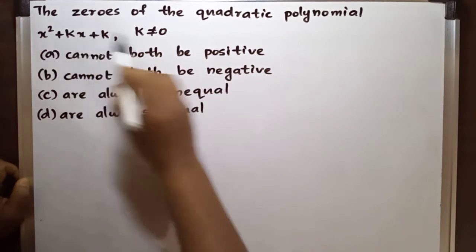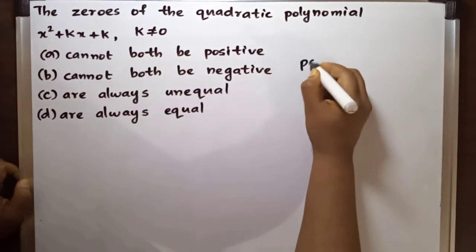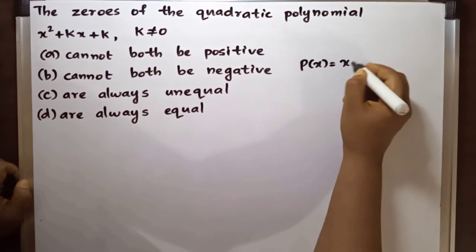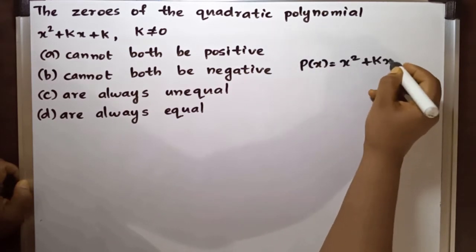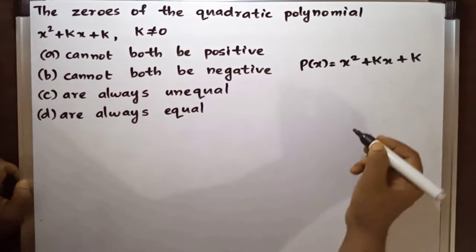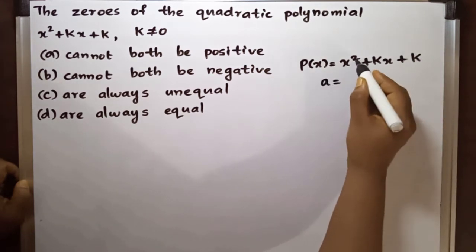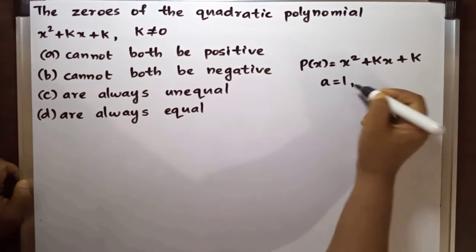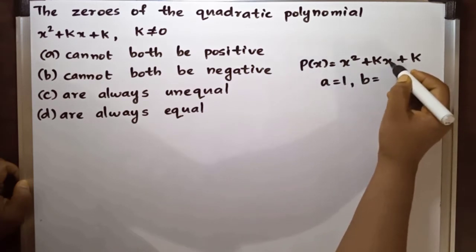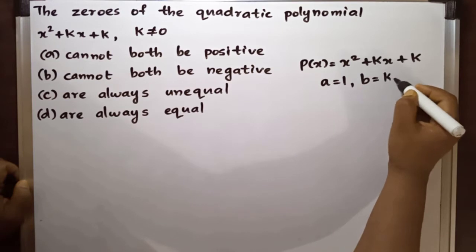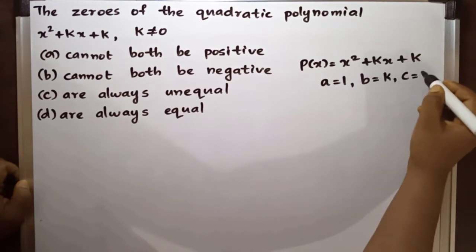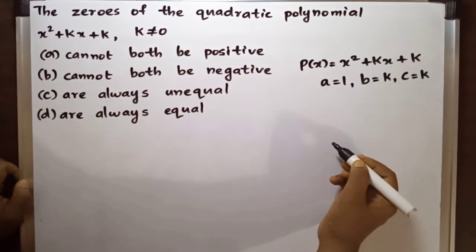Okay, I am going to write the given polynomial here, x square plus kx plus k. Here what is a? A means coefficient of x square, that is 1. What is b? Coefficient of x, k, and constant term c is also k.